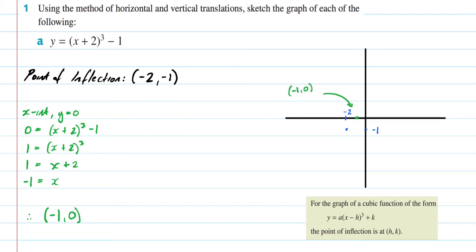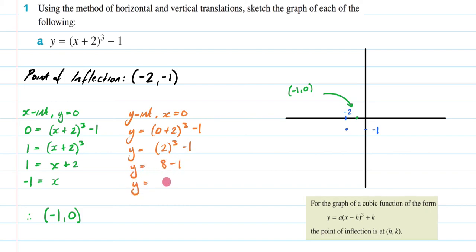Next, I'm going to find my y-intercept. Let me just get out a new color for this one. So my y-intercept is going to occur when x equals 0. So let me do the calculation for that now. It's going to be y equals (0 plus 2) cubed minus 1, which will be y equals 2 cubed minus 1, which will be y equals 8 minus 1, which will be y equals 7.